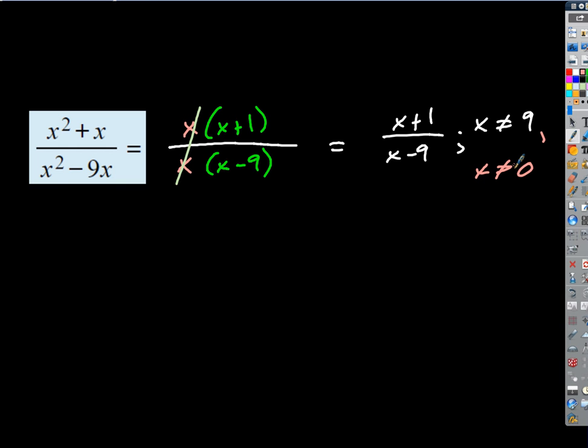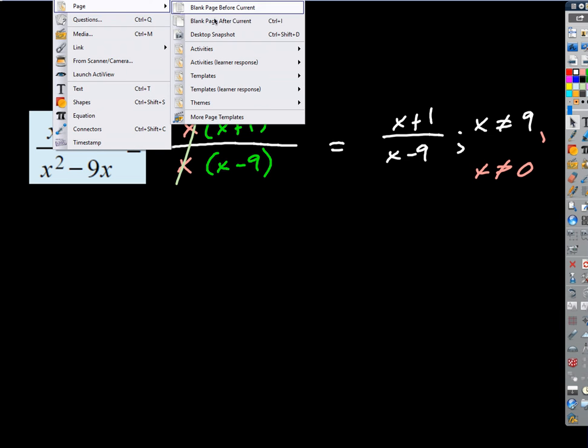I'm going to show you an example. Let's do a really simple one here. So what if I take the function f of x equals x squared over x.